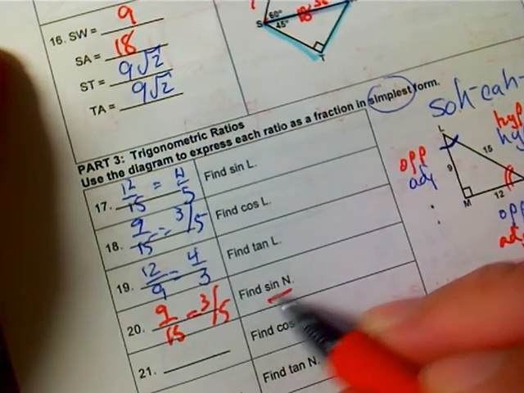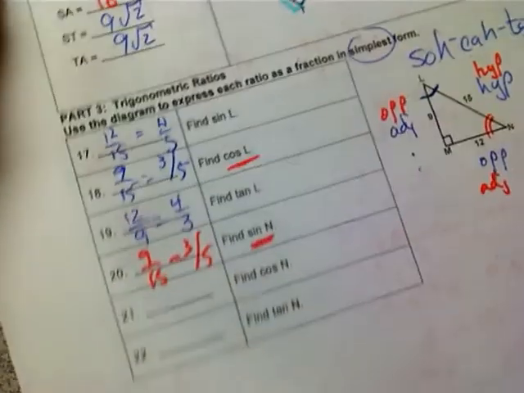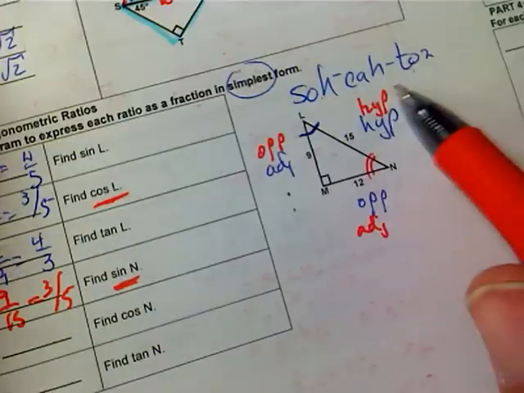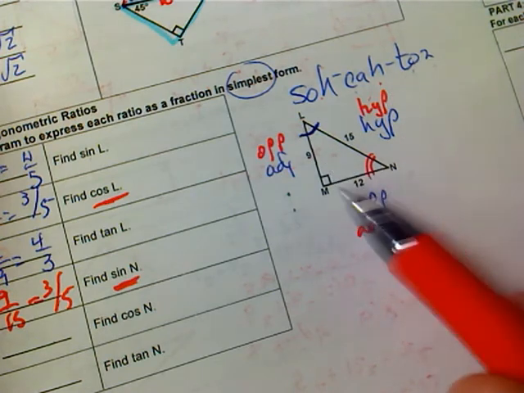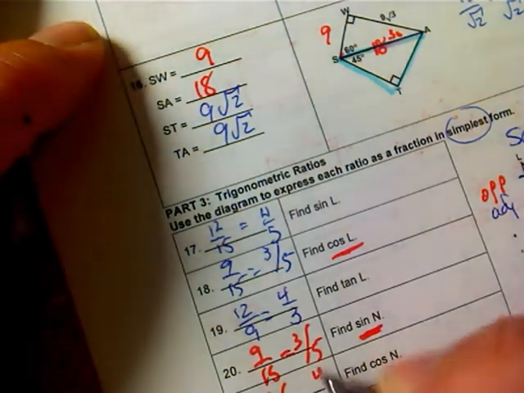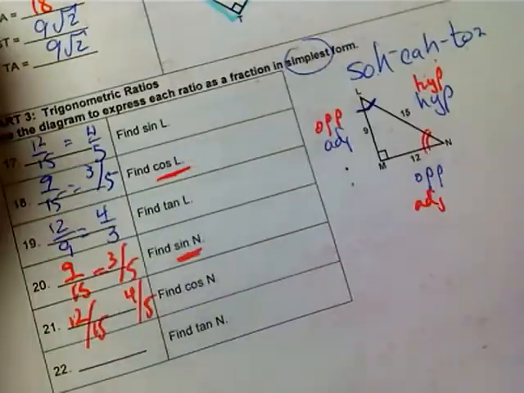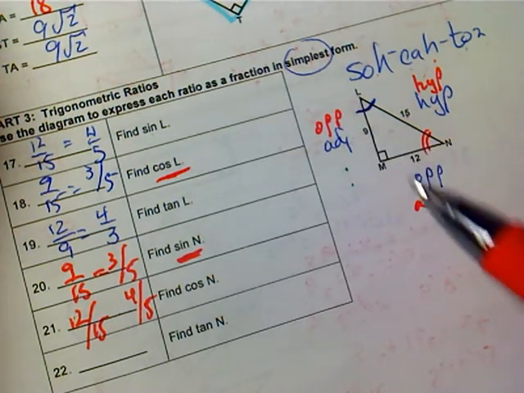Some of you will note that the sine of n and the cosine of L are equivalent. The cosine of n is adjacent over hypotenuse, so adjacent 12 over 15, which is 4/5.